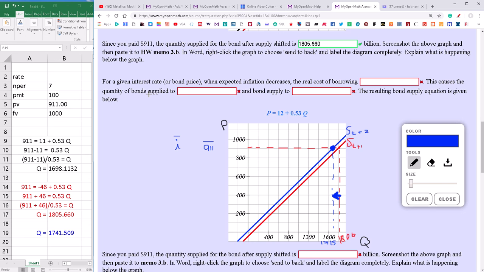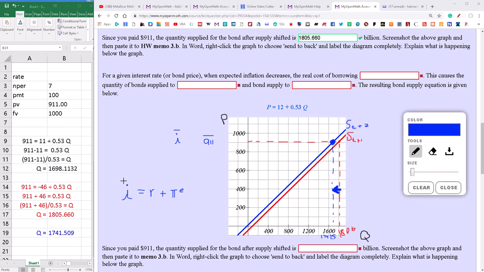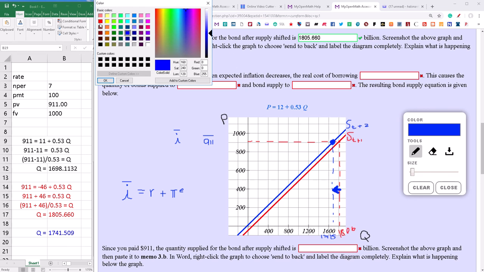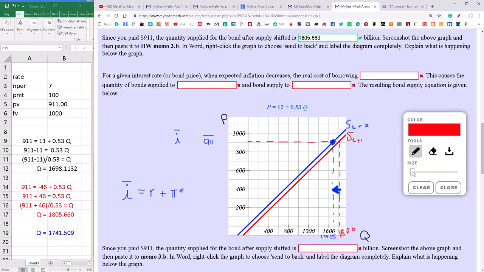When expected inflation decreases, what happens to the real cost of borrowing here? Remember this identity: this is the nominal rate of interest. We're holding that constant because we're going from this red dot to this blue dot, holding price and interest rate constant.